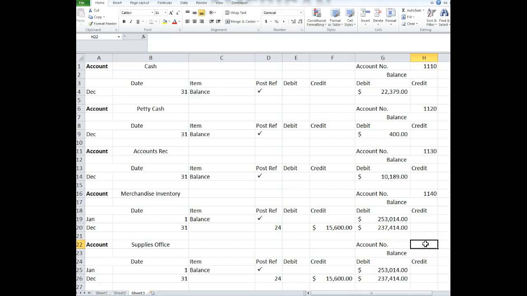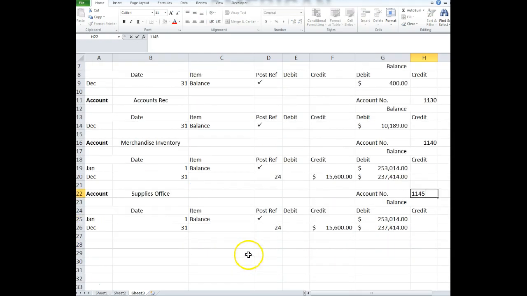No, I haven't got that far yet. I'm going back and putting in the account numbers. Supplies office is 1145. Okay.